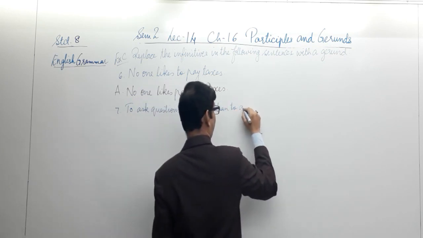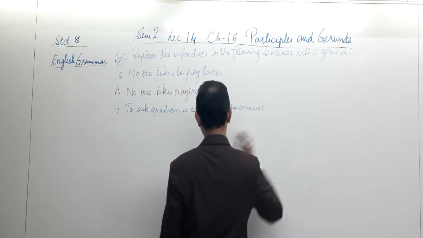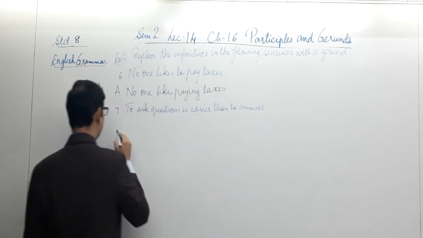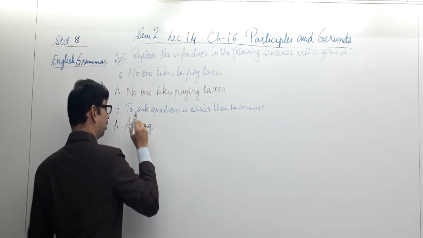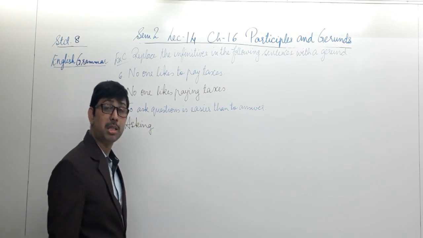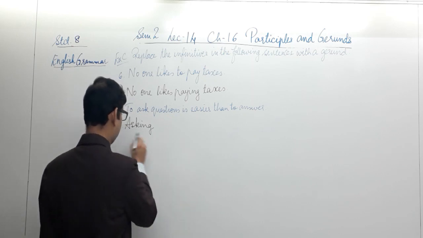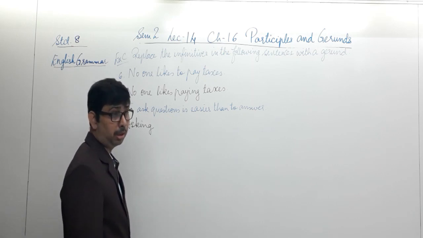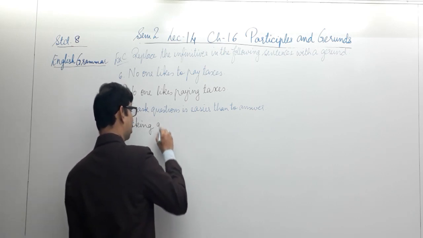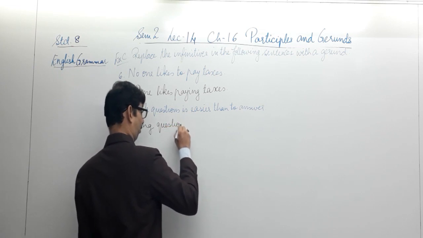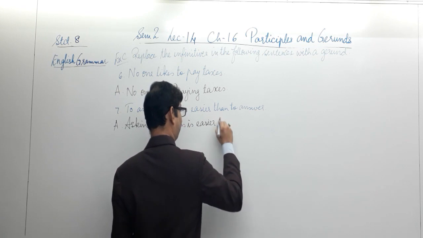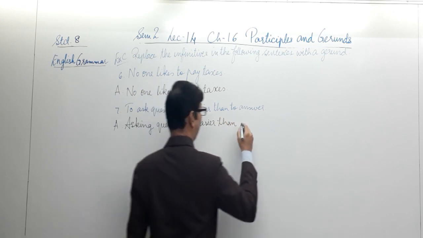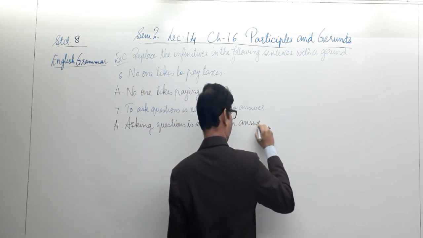Once again we will be writing over here, asking, playing the role of a subject in the sentence. Well, asking appears to us as a verb, but it is a gerund. Asking questions is easier than answering.